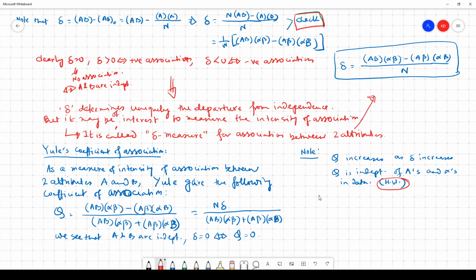Next, Q is a symmetric measure, and Q lies between -1 and +1.